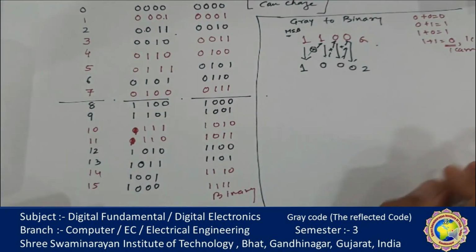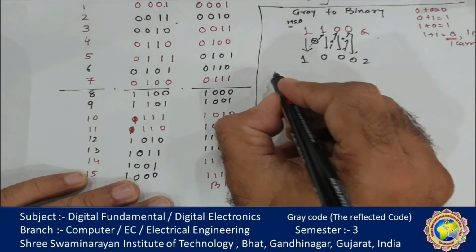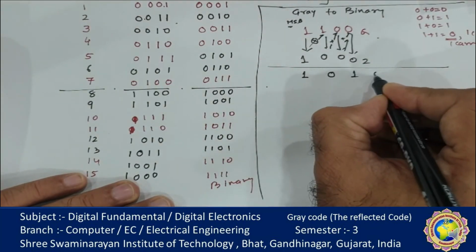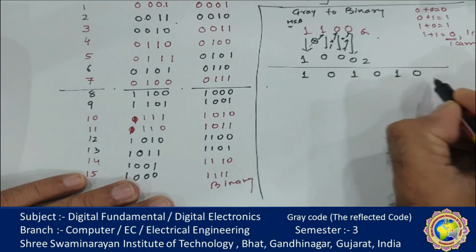Let us take one big example. Suppose my number is 1 0 1 0 1 0 in gray code.